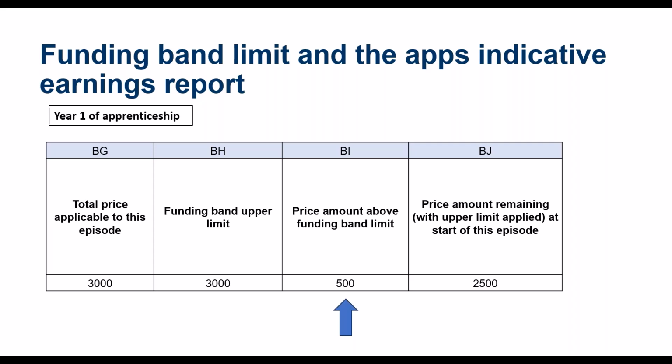And this would be because a provider, be it yourself or a different training provider, has already returned funding for this learner on this apprenticeship on an indicative earnings report. And it's important that these earnings only have to be on the indicative earnings report. They don't actually have to be paid out.